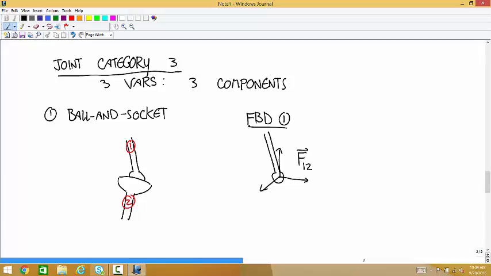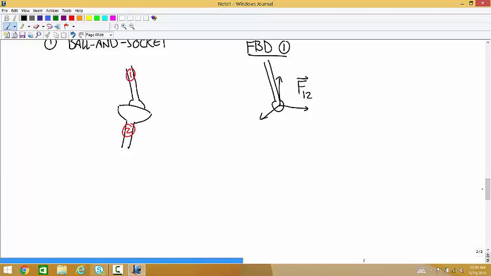So we don't have to worry about it. But that's an important question design-wise, for sure. Any other questions about a ball and socket joint? That's one we're going to see a lot.